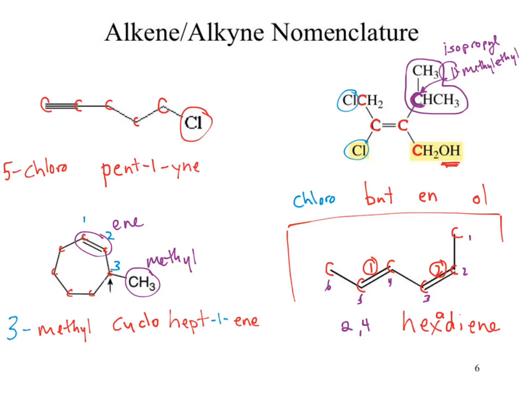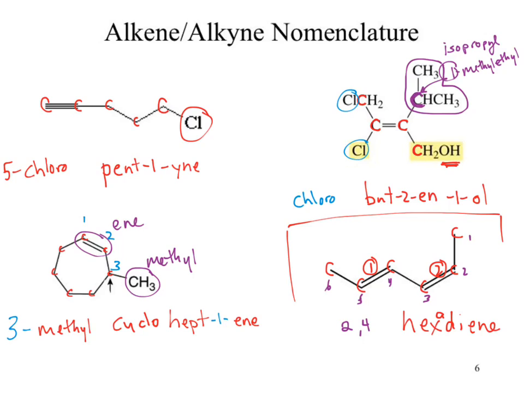So now we got to put it all together. It's going to require figuring out all our numbers and our priorities. Where should we start numbering? Left to right, right to left? Right to left because alcohol being our highest priority. Where's the alkene? Position 2.